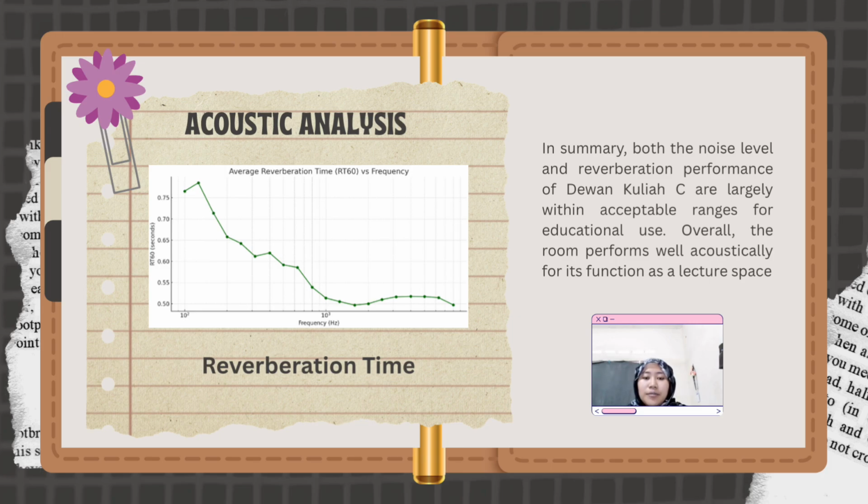clarity. Our goal are to reduce and reverberation, overall, improve speech the improvement, reverberation create characteristic of the hall support good speech Secondly, fabric cover panel on the intelligibility. rear wall to So, control echo. what I Next, can wood conclude diffuser and foam panel on from side wall this to balance sounds. In addition, bass track in analysis, corner for low both frequency the control. noise level Lastly, and carpet tile reverberation in front area performance to of absorb Dewan footfall Kuliah noise.